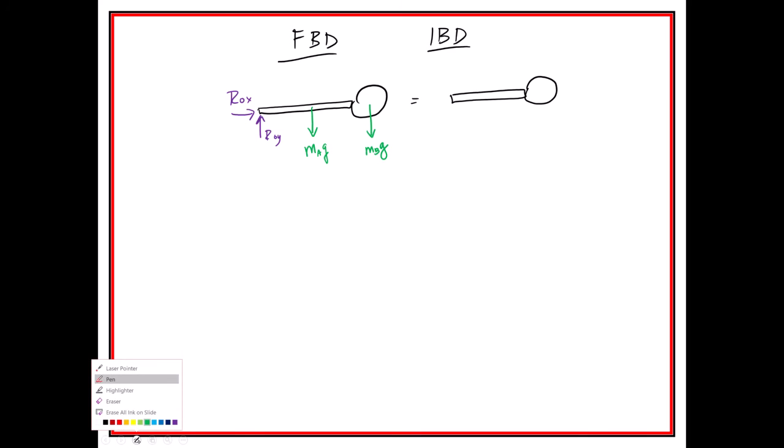And then the same thing over here, but we're going to have mass of A times acceleration of A in the y direction, mass of A times acceleration of A in the x direction, and then we're going to have I of A bar times the angular acceleration.